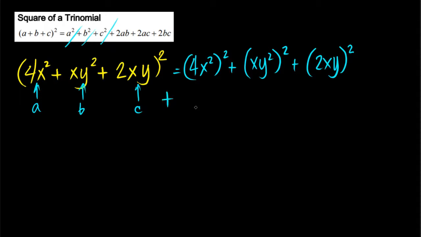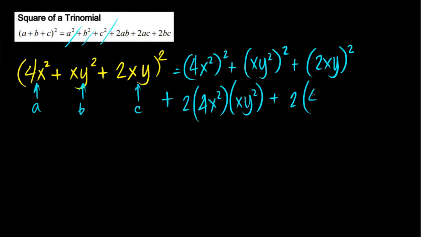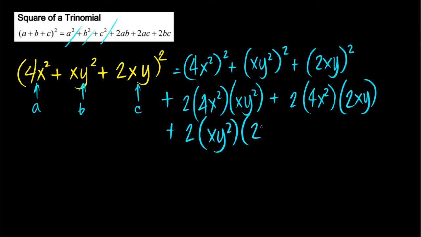Okay? Plus 2 times a, 4x squared, times b, xy squared. Plus 2 times a, 4x squared, c, 2xy. Plus 2 times xy squared times 2xy.